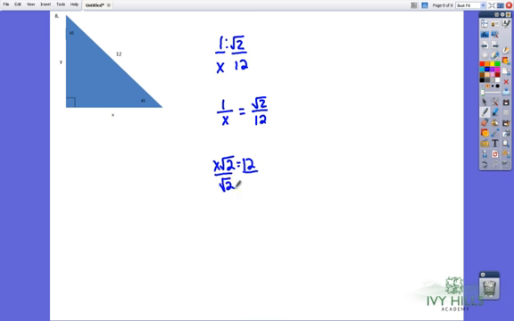Divide both sides by root 2, and I will get x equals 12 over root 2. I must rationalize this denominator so that I would have 12 root 2 over 2, and this cancels to be 6 root 2. So x would be 6 root 2.